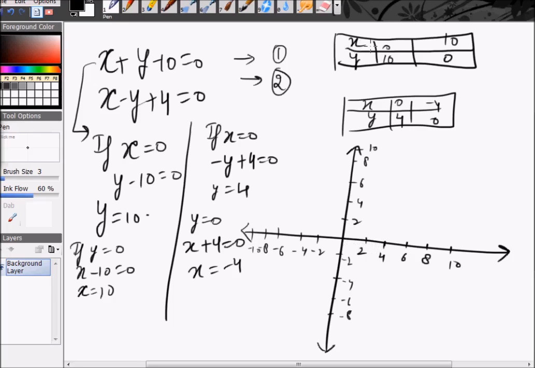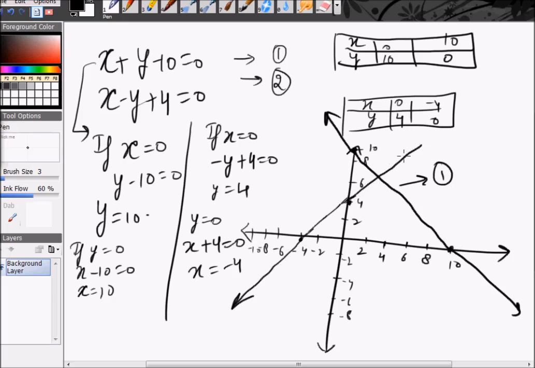For equation 1, if x equal to 0, y is 10, and if y equal to 0, x is 10. Thus these 2 points will lie on the first line. Joining these 2 points, we get the first line like this. For the second equation, if x equal to 0, y is 4, whereas if y equal to 0, x is minus 4. Thus joining these 2 points, the equation of the line looks like this.